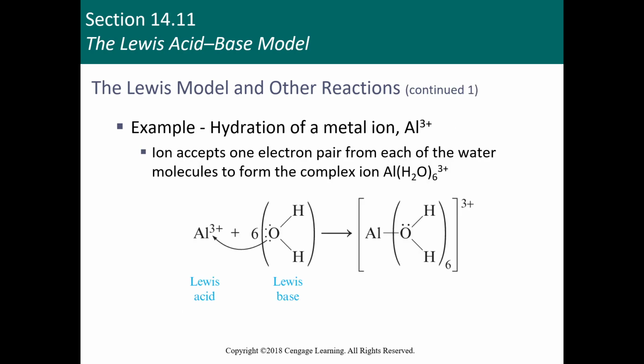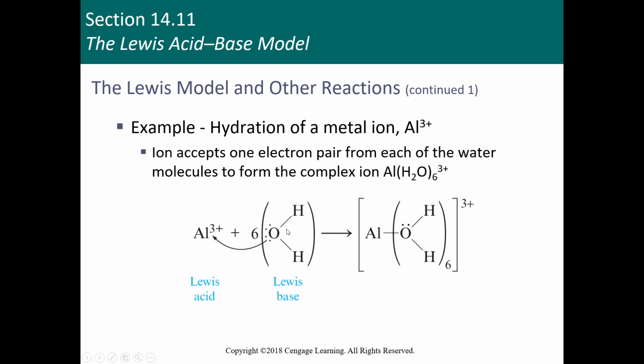All right, now, this right here is going to be a hydration of a metal ion that we talked about before. So here we have aluminum 3 plus. It's going to take up 6 water molecules, waters of hydration, if you remember those. And so it'll make this complex right here. This complex is actually acidic according to the Arrhenius and Bronsted-Lowry definitions of an acid.